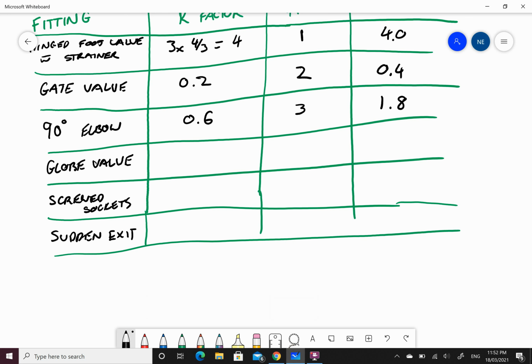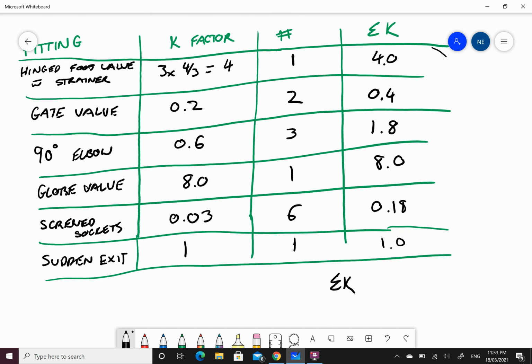My globe valve is worth 8, I have 1 of them. Screwed sockets, just reading these off the table, counting how many it's given in the question. Now my sum of K down the bottom, so I add all of these up. That equals 15.38.